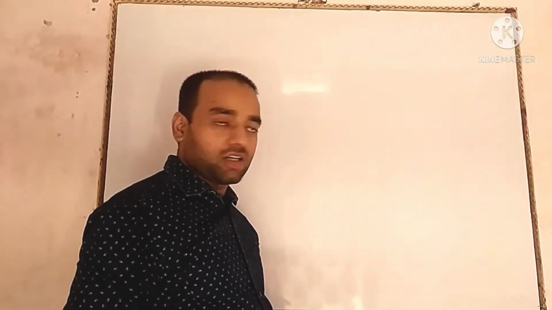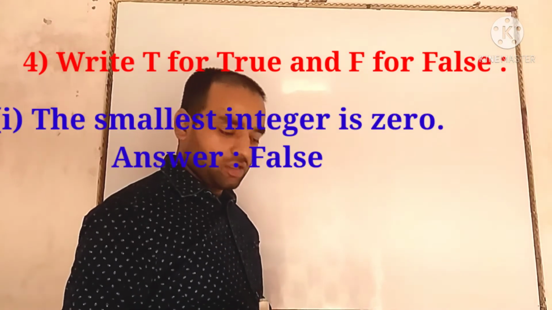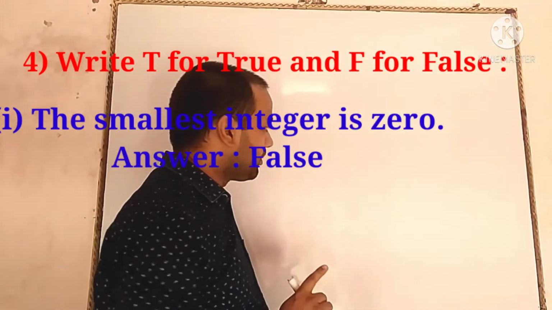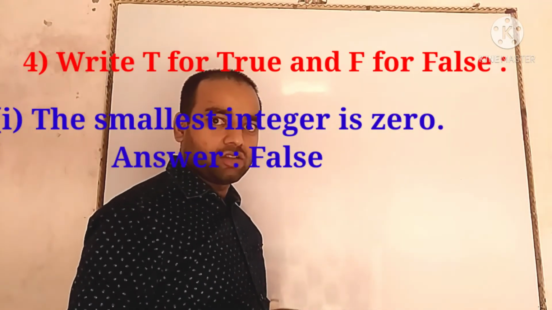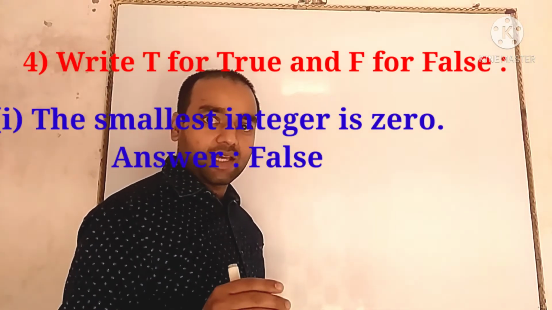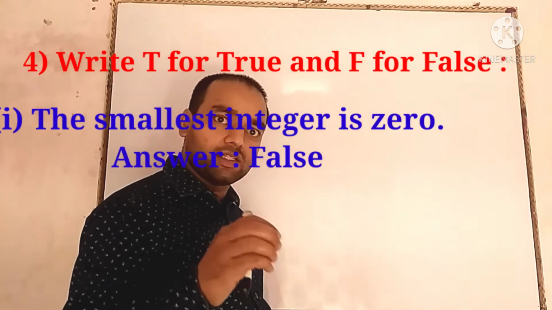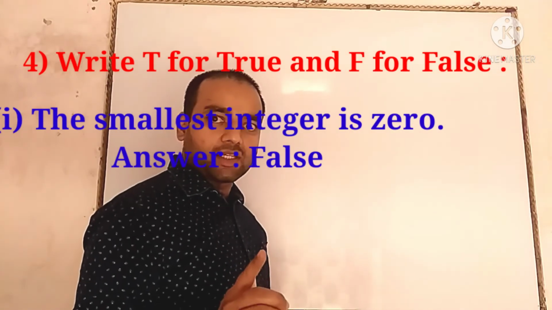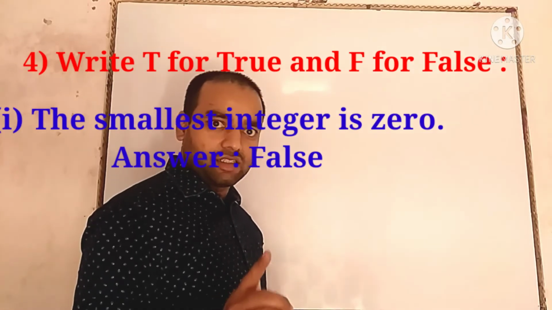In the last question, give the answer in true or false. Here the first statement given: the smallest integer is 0. So this is wrong, because a number with negative sign is always less than 0. So we cannot say the smallest integer is 0.